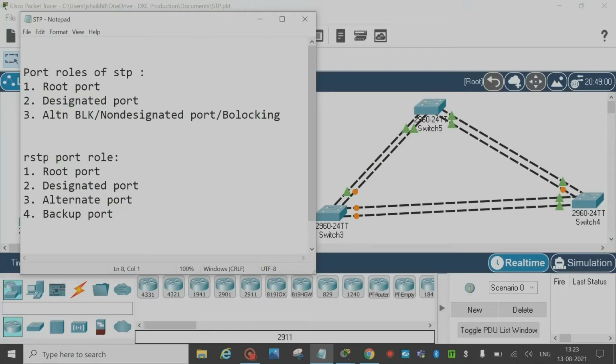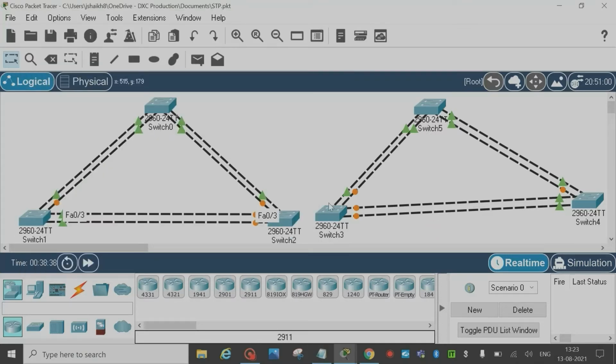Now in RSTP, root port: same here, this is a non-root switch, this one also a non-root switch. The port having the lowest cost to reach the root bridge, so this one and this one are root ports.